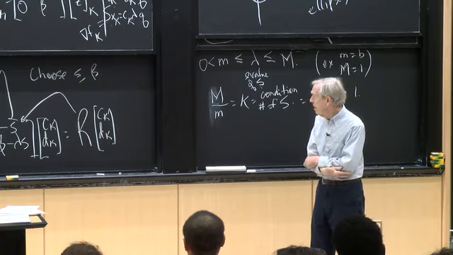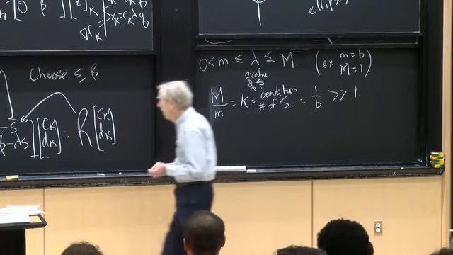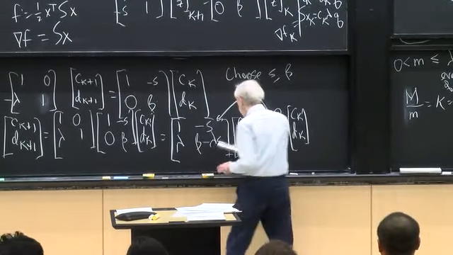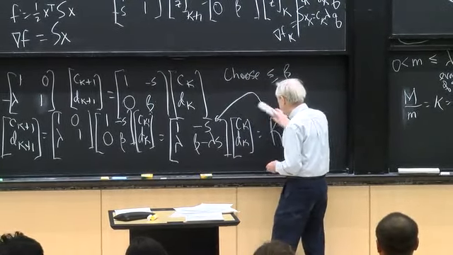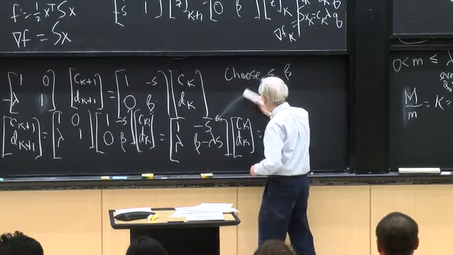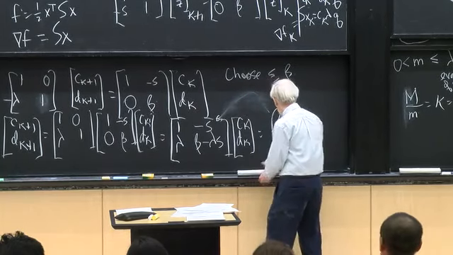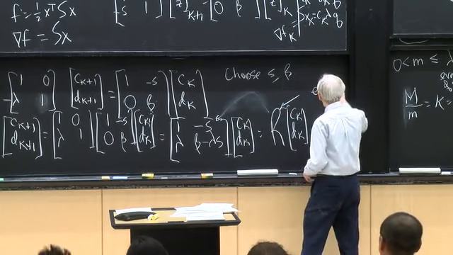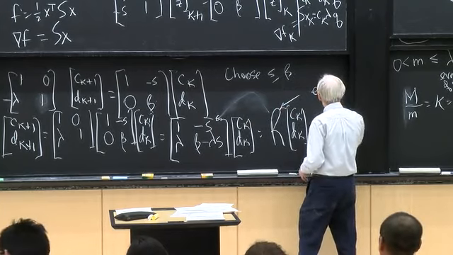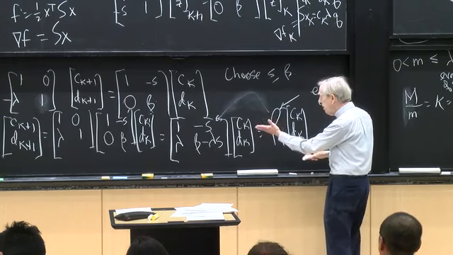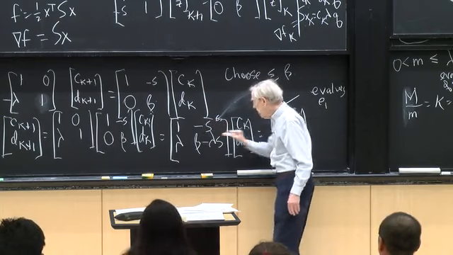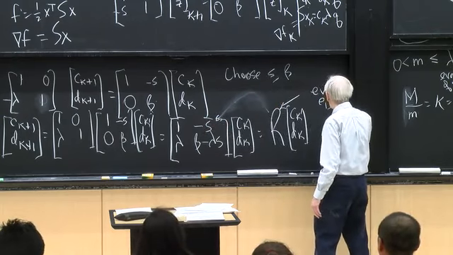Okay, so what's my job? I'm going to choose s and beta to keep the eigenvalues of R small. So let's give the eigenvalues of R a name. Let's say R has eigenvalues E1, which depends on the lambda and the s and the beta, and E2.